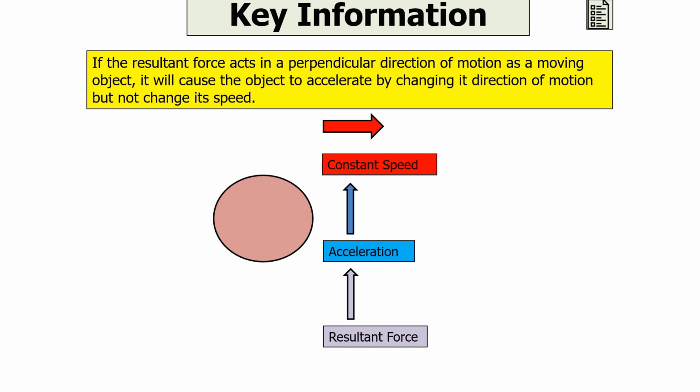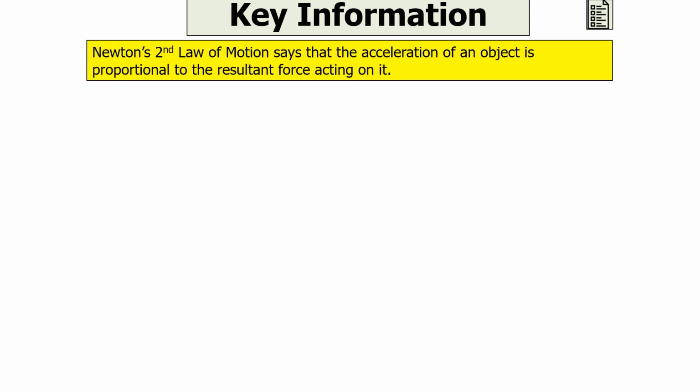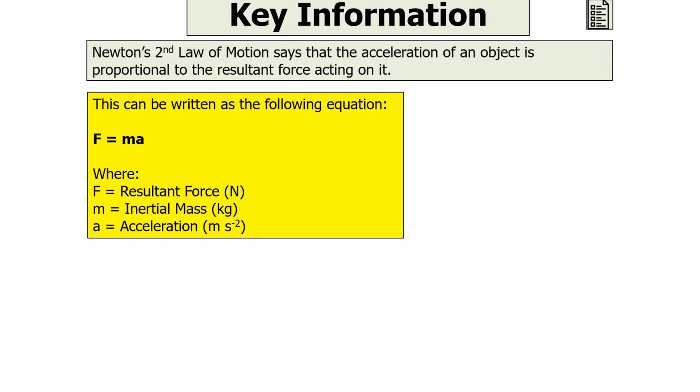And if a resultant force acts in a perpendicular direction of motion as a moving object, it will cause the object to accelerate by changing its direction of motion, but not its speed. Now, Newton's second law of motion says that the acceleration of an object is proportional to the resultant force acting upon it. This can be written as the equation F equals ma, where F is the resultant force, m is the inertial mass, and a is the acceleration.